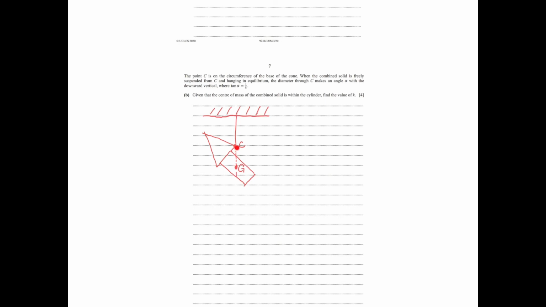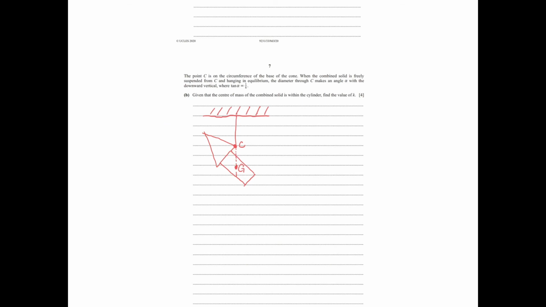Angle alpha is between the diameter and the vertical downwards.